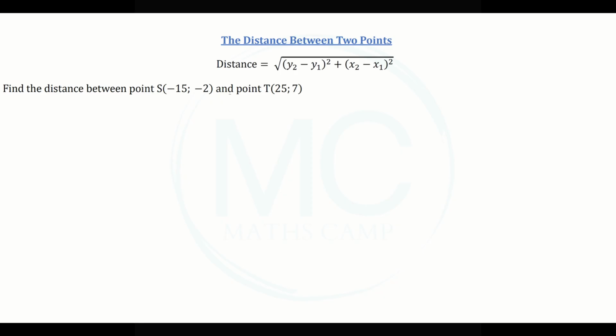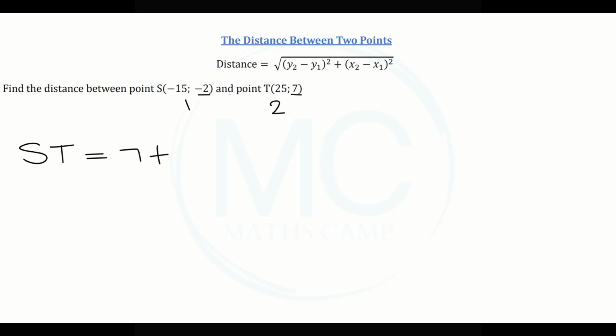Find the distance between point S (-15, -2) and point T (25, 7). We can use a calculator for this question, but before we do, let's input the coordinates into the formula. Let's say that S is our first point and T is our second. So now we can say the distance ST is equal to the y-coordinate of T, 7, minus the y-coordinate of S, -2.